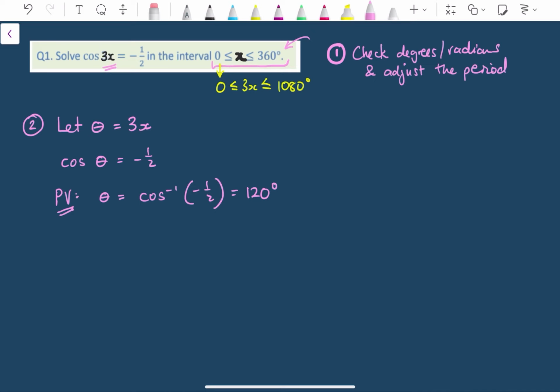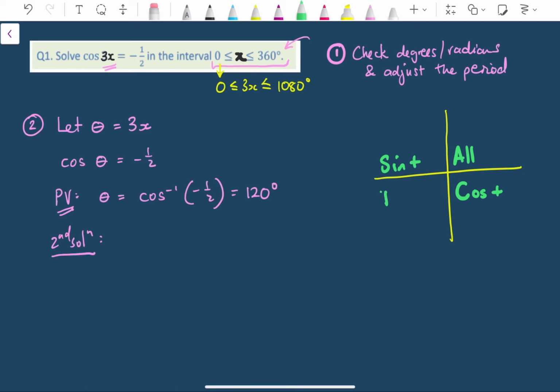My next step is always I need to find my second solution. And for cos, that is 360 subtract 120. If you recall, I showed you this little trick in class where we said cos is positive in the bottom right quadrant. All positive, sine positive, tan positive, cos positive.